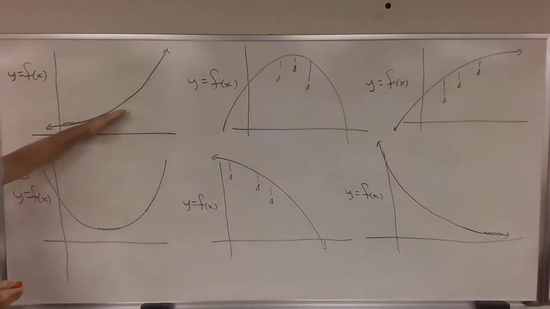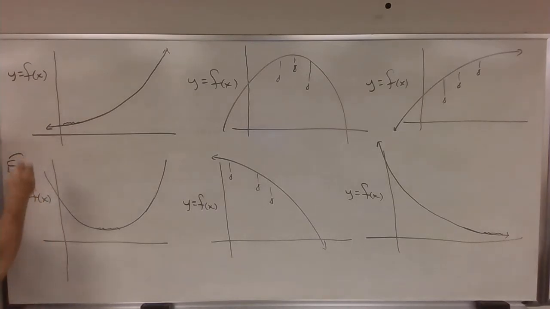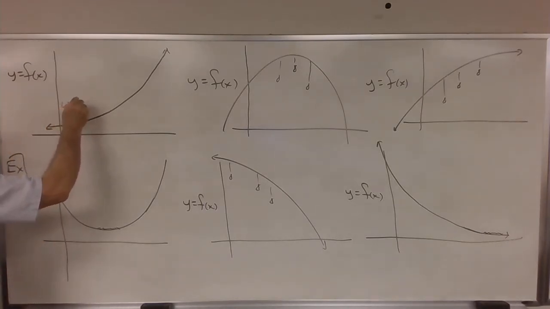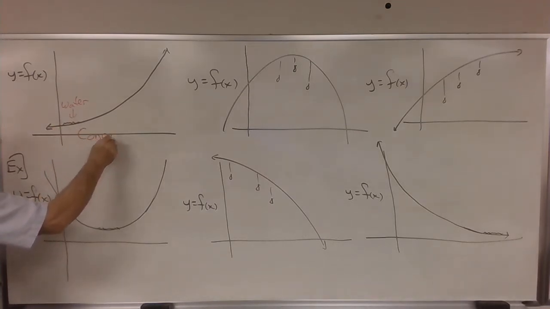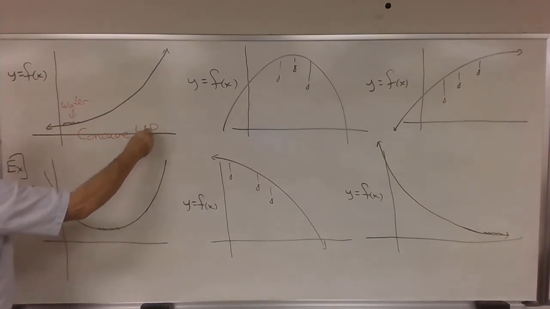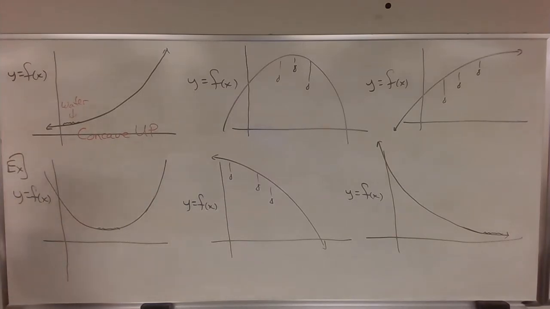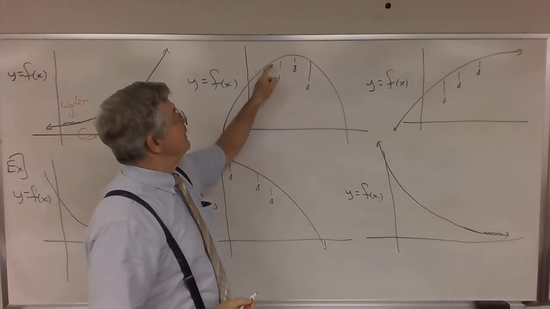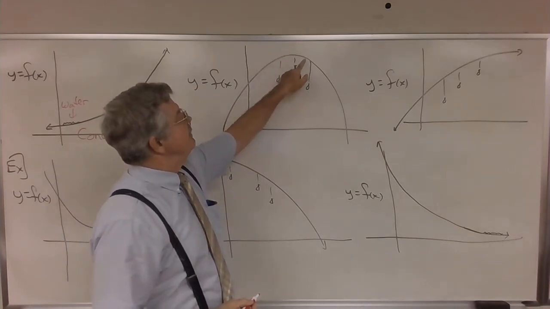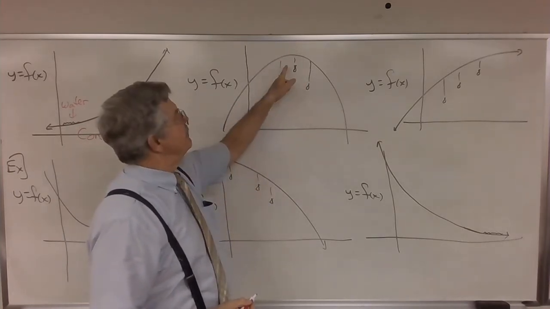This graph, because of the way it curves, there's a little bit of water down here that it's holding. So we're going to say that this graph holds water, and it's going to be concave up. This graph here, look at it. The water can't cling to the surface because of the curvature.